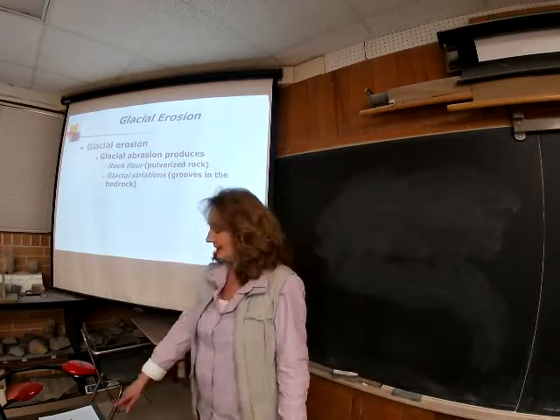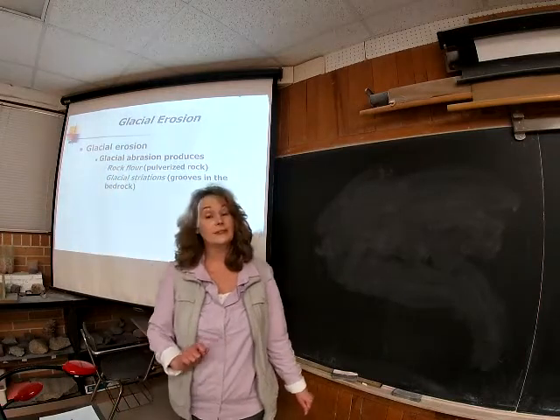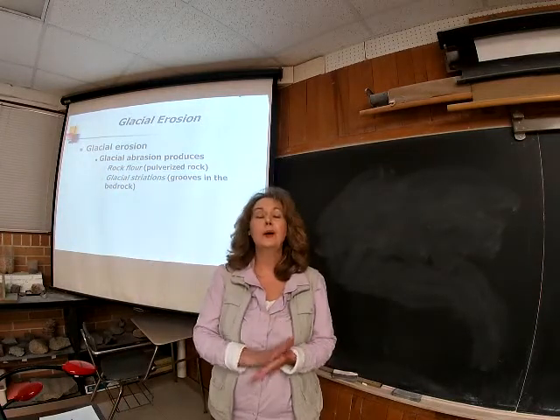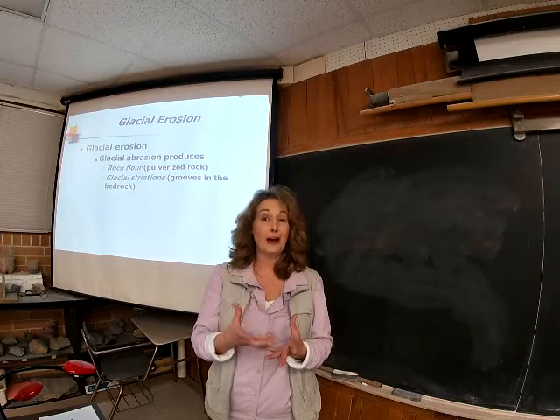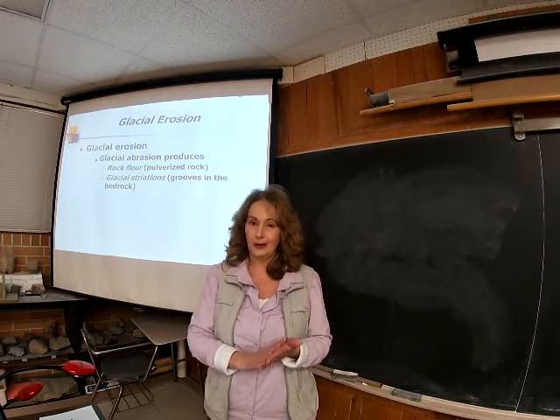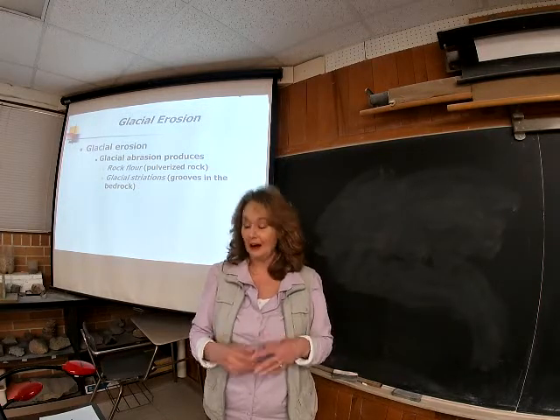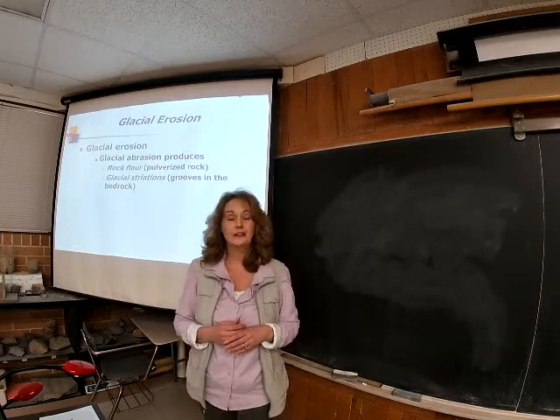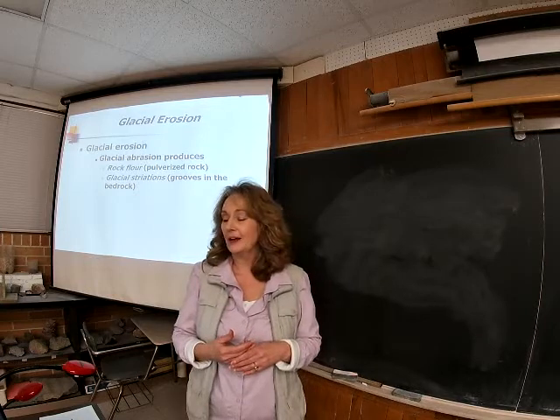Yeah, so some of these striations, grooves in the bedrock, glacial striations. Rock flour is another one. Really it is pulverized rock. Very, very fine, like think of flour. So they do call it a rock flour. Can really abrade, almost like sandpaper, and get a very, very fine powder out of it. I do have some of that type of material that I'll show you a little bit later.